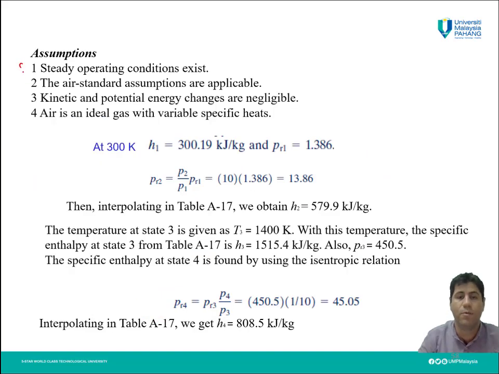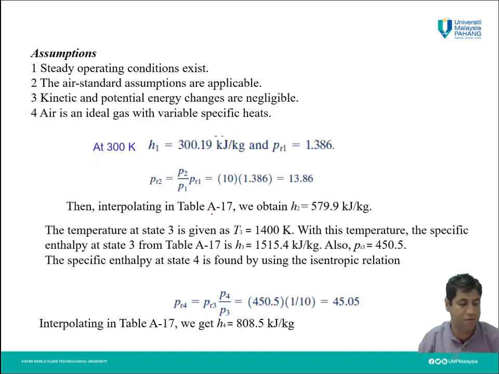So first, let's start with the assumptions. The assumptions which we have here, similar to the previous example: steady operating condition exists. The air standard assumptions are applicable. Kinetic and potential energy changes are negligible, and air also is an ideal gas with variable specific heat. I already discussed this assumption in the previous example.